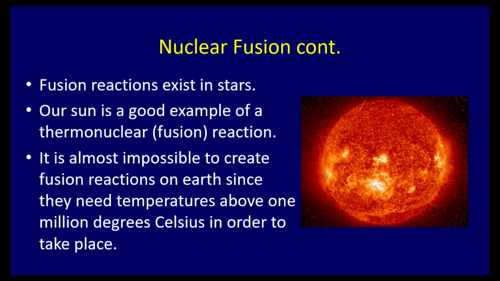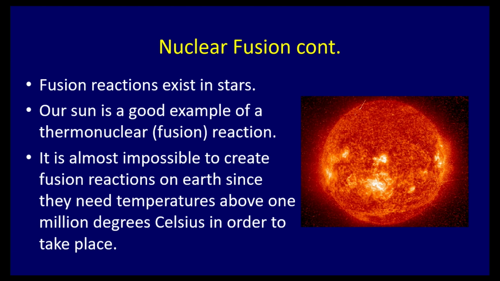These fusion reactions exist in the stars. We all know that our sun is a good example of a thermonuclear reaction. It is almost impossible to create fusion reactions on Earth, since they need temperatures above 1 million degrees centigrade to take place. It is not easy to combine 2 atoms and form another one.